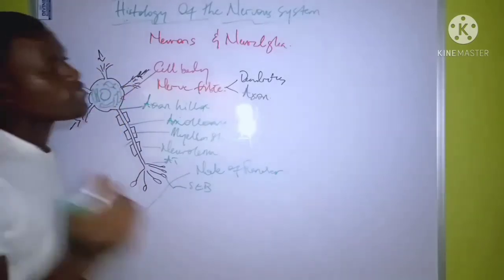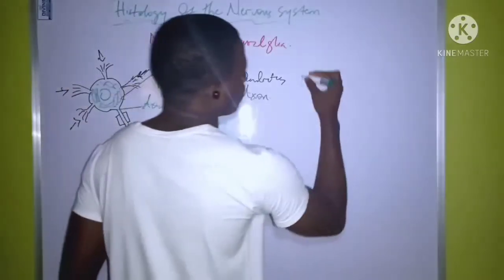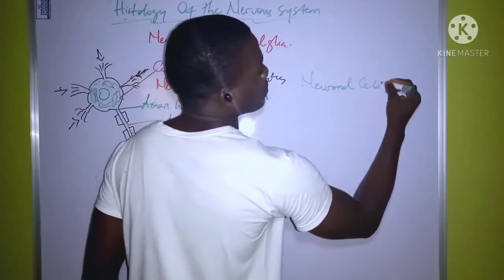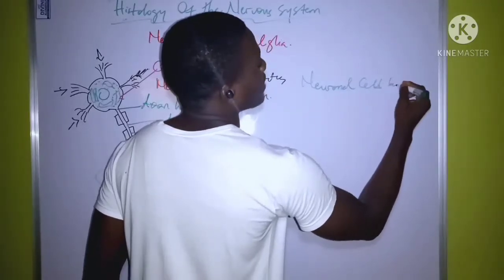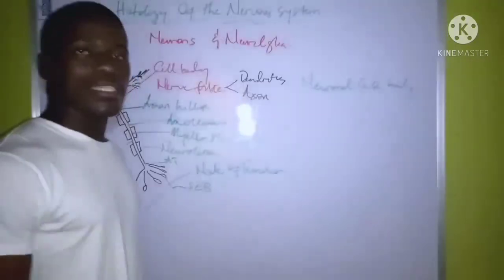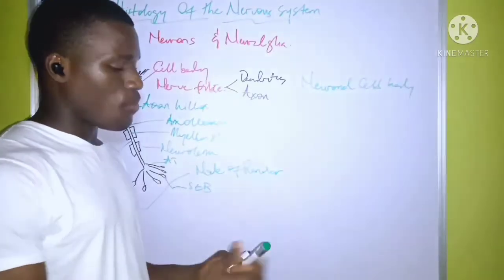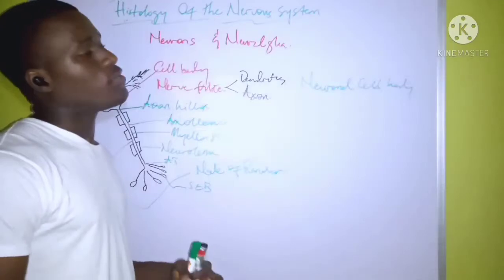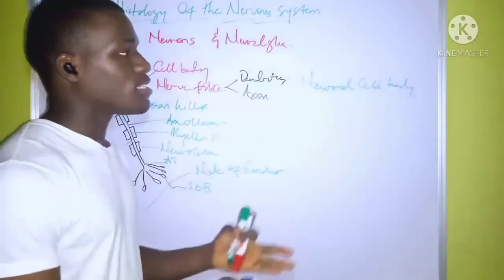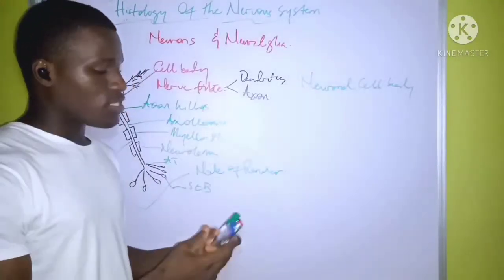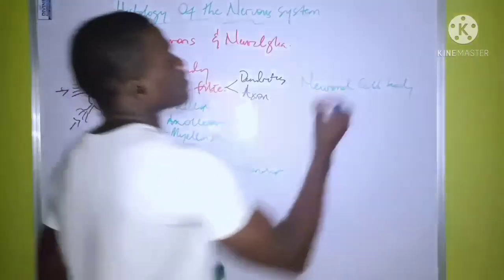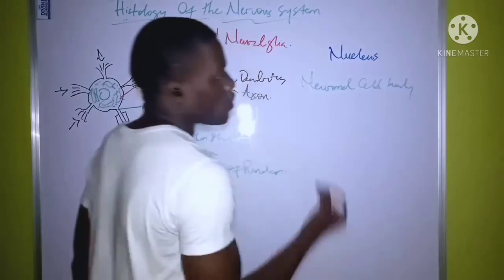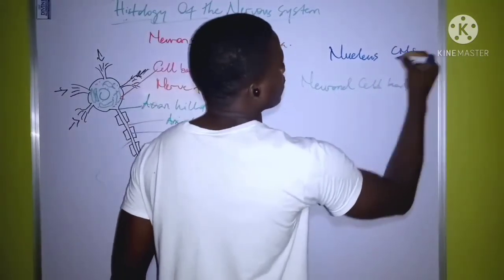Now a group of cell bodies, that's a group of neuronal cell bodies, has different names. In the central nervous system, a group of neuronal cell bodies has a name which is different from that of the peripheral nervous system. In the central nervous system, a group of neuronal cell bodies is referred to as the nucleus. Nucleus, that's for the CNS.